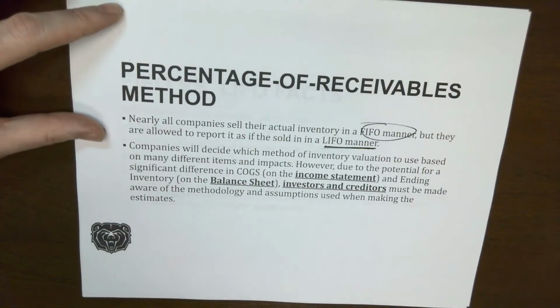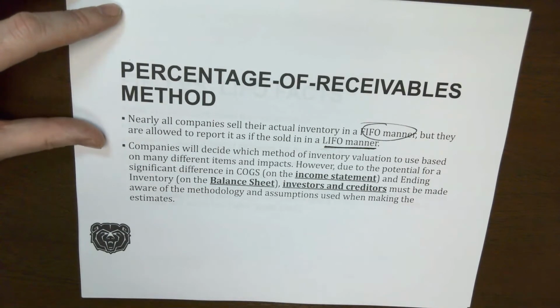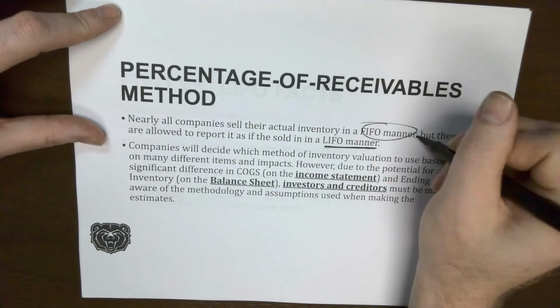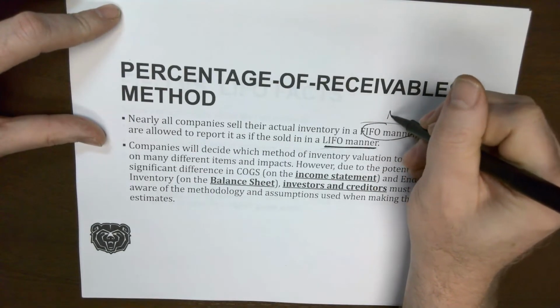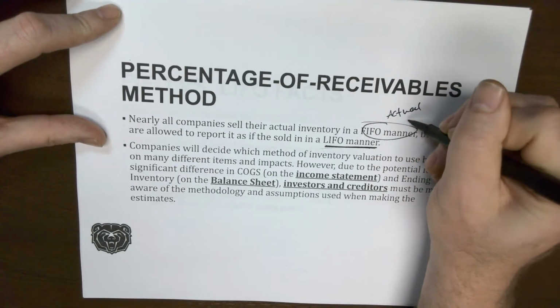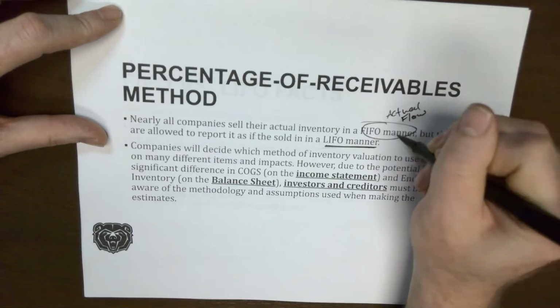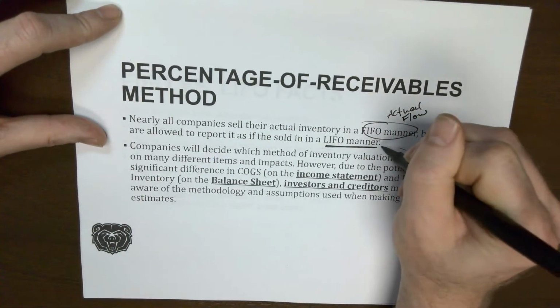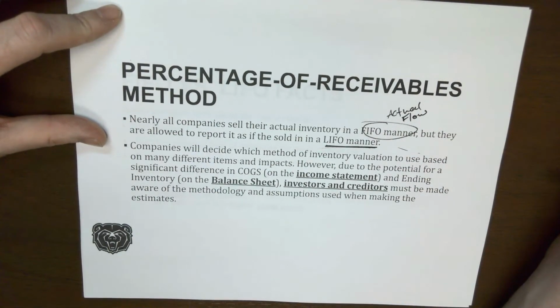Why? Because LIFO increases your expense, which reduces your net income, which in turn reduces your tax liability for the year. So a lot of times you see that we may have an actual flow of inventory in a FIFO manner, but we record in a LIFO manner.